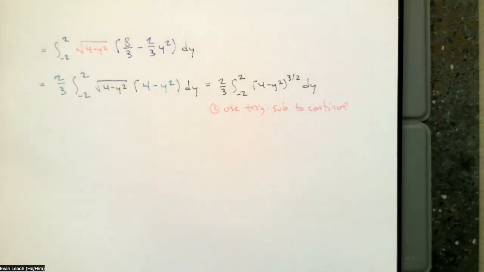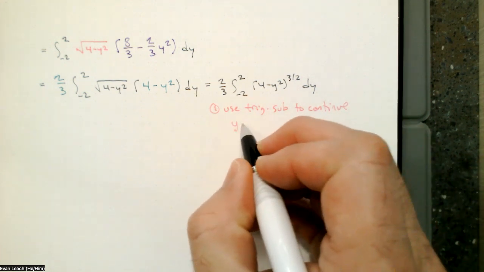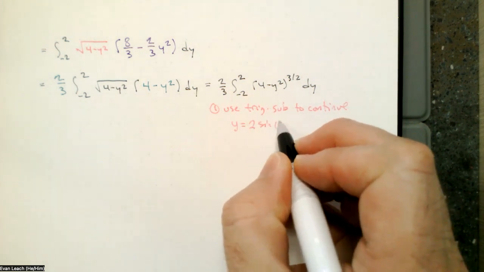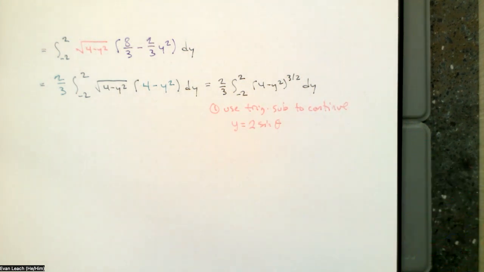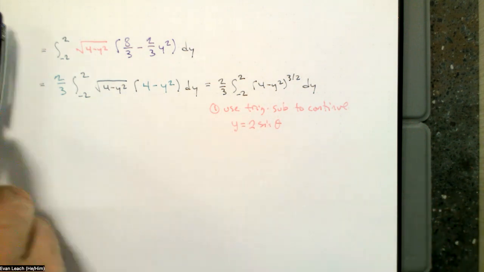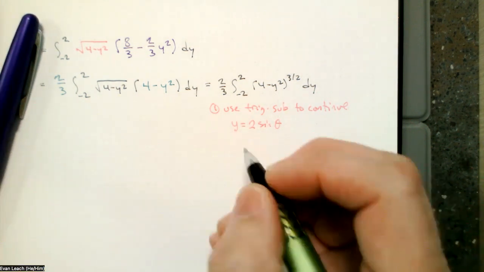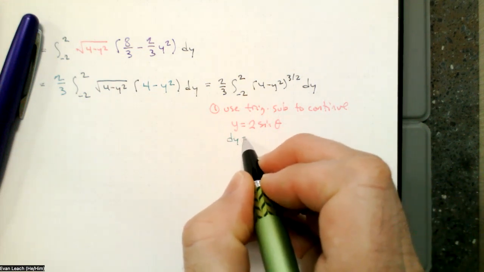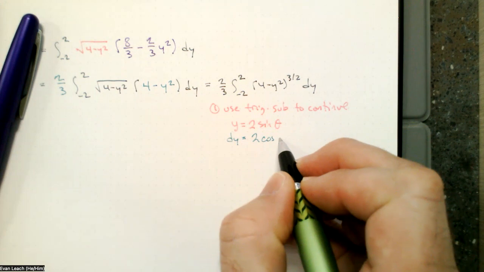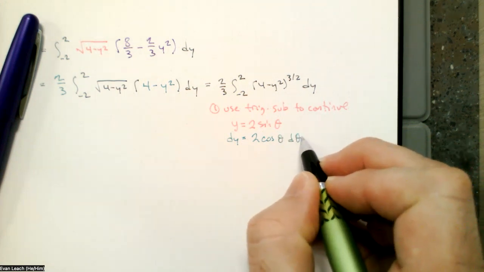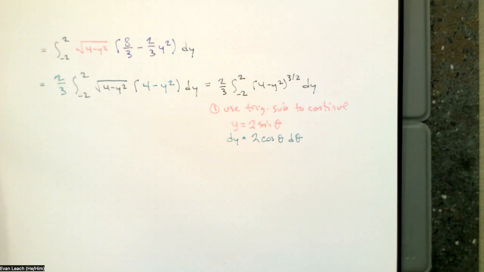We would use trigonometric substitution to continue from this point. The trigonometric substitution that we would want to use is that y is equal to 2 times the sine of theta. And that will make dy 2 cosine theta d theta. At this point, our integral looks really clean, so we might be confident.